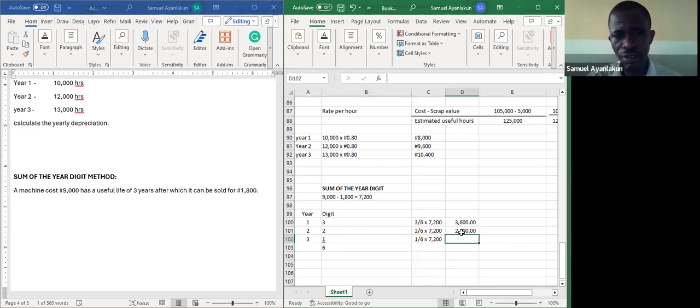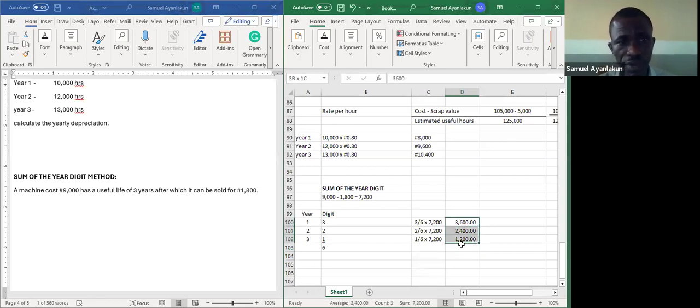And the third year, which happens to be the final year, it will now be what? 1 divided by 6 times 7,000. So you get your 1,166.